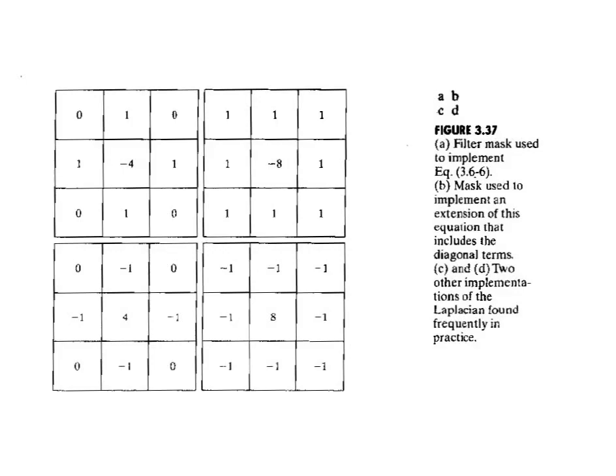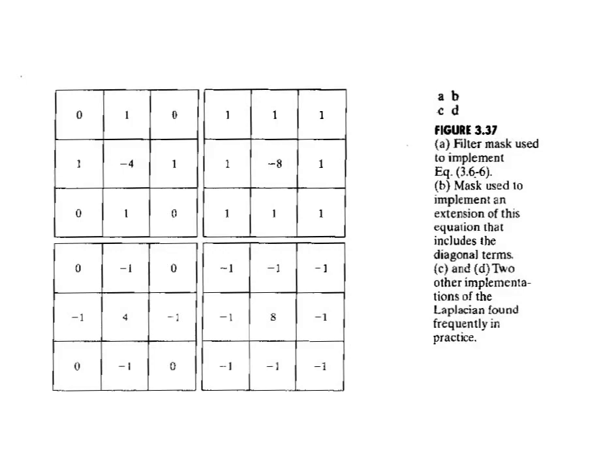Because each diagonal term also contains a minus 2 f of x comma y term, the total subtracted from the difference term now would be minus 8 f of x comma y. Figure B shows the filter mask used to implement this new definition. These masks yield isotropic results in increments of 45 degrees.